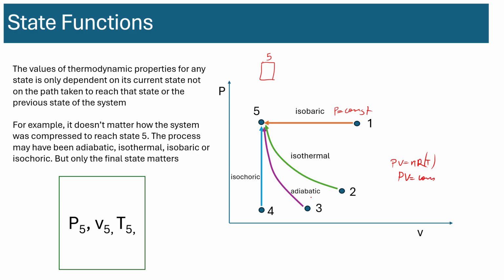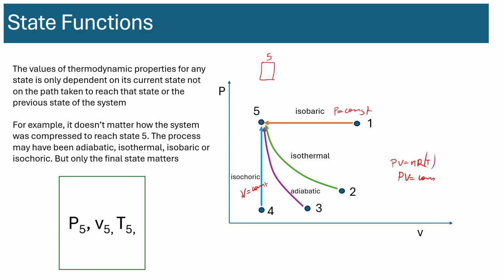Then adiabatic means there is no heat transfer, so that will give you another line like this. Isochoric means volume is constant. So you could compress from any of these states, and you compress your gas to the final state 5.